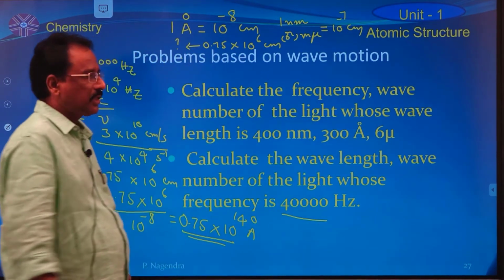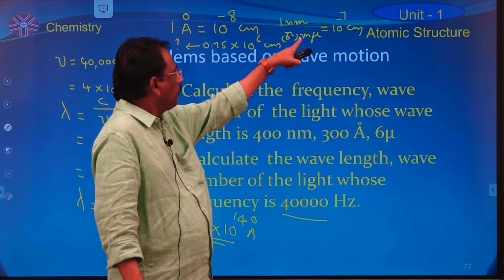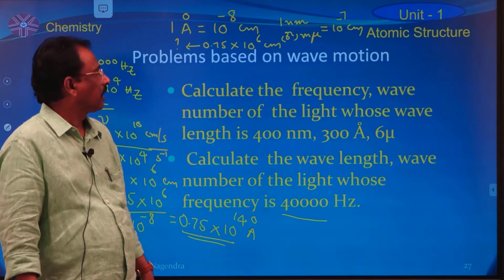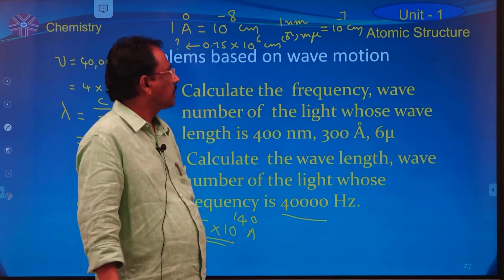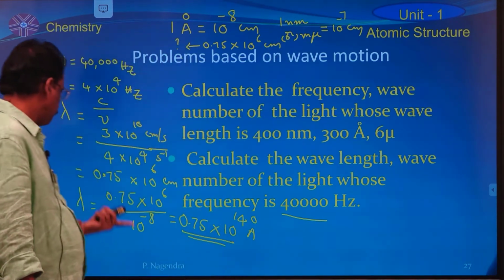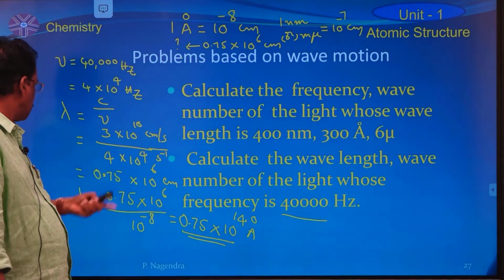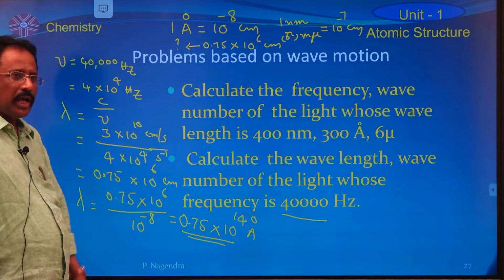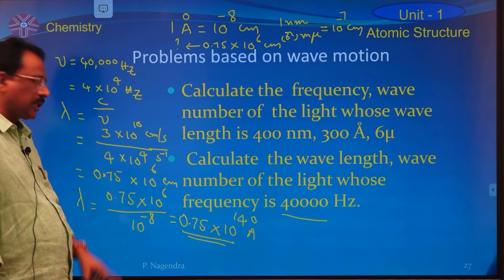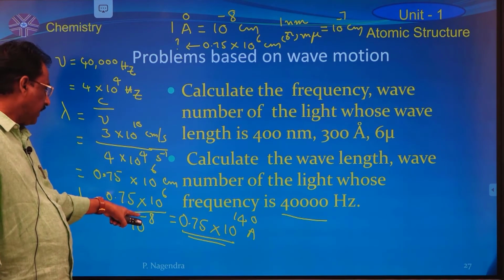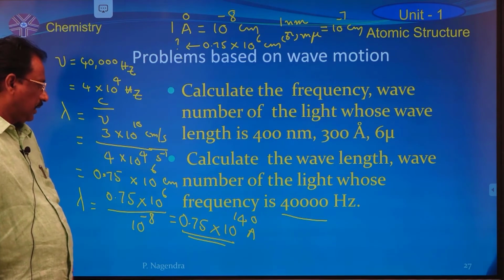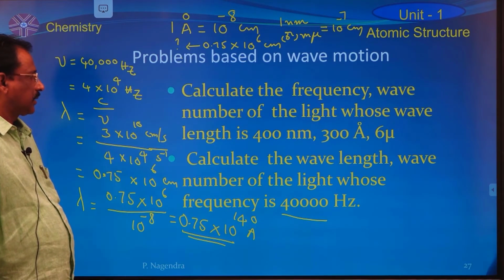Therefore, if you put the centimeters into nanometers, 0.75 into 10 power 6 divided by 10 power minus 7 gives the lambda in nanometers.